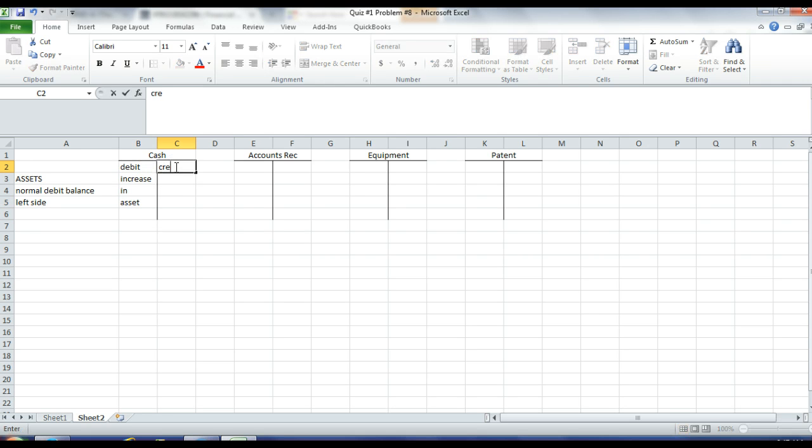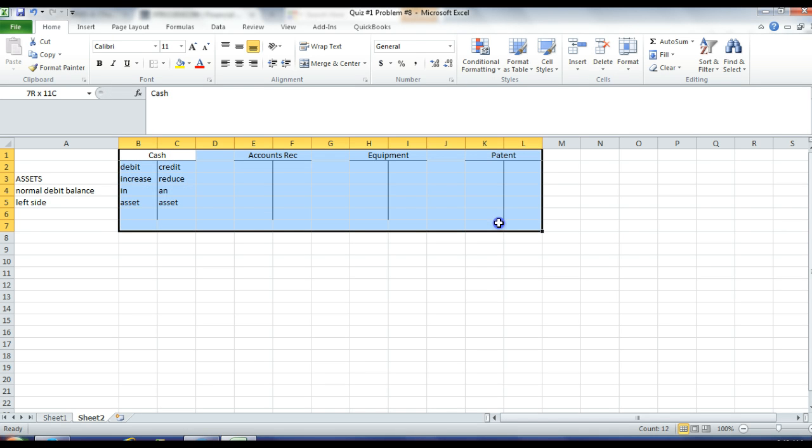We will credit it, which means the right side of the T account, to reduce an asset. This is what we do for all assets. We debit to increase, we credit to decrease.